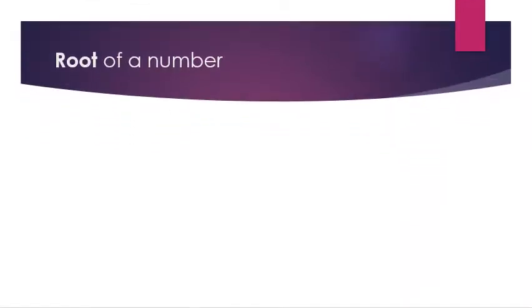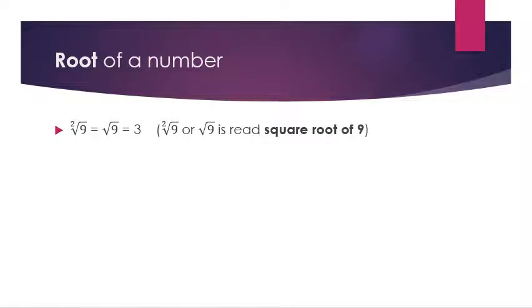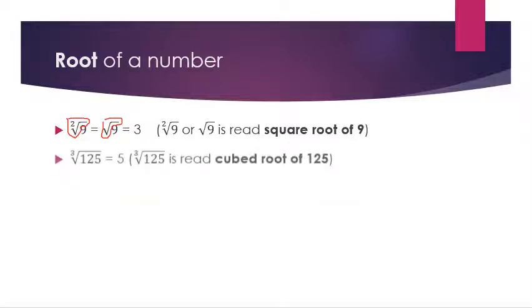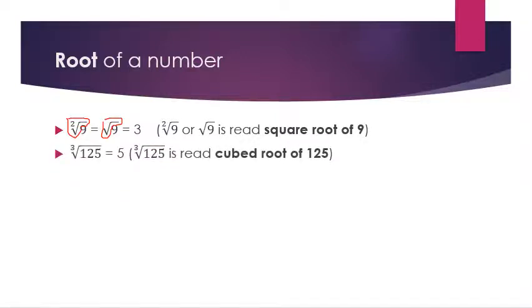Next is the root of a number. This is what you call a root. You can write it in its form, or without the numbers, and it will still be called a square root. And this one is a cube root.